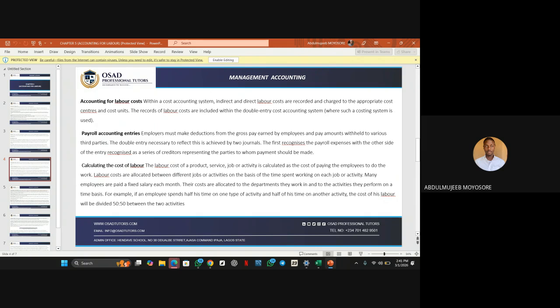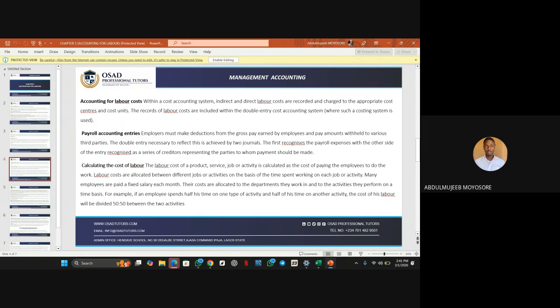Now, your gross pay is 350,000 naira. You add up 350,000 naira to your payroll. Now, that 350,000 naira has to land somewhere. Double entry. It has to land somewhere.